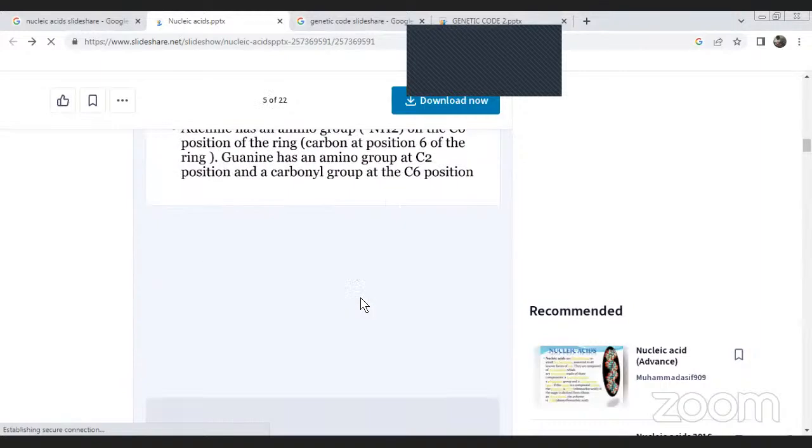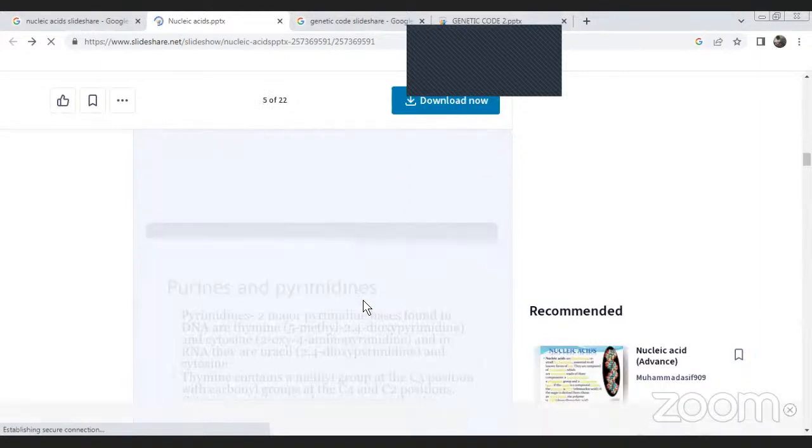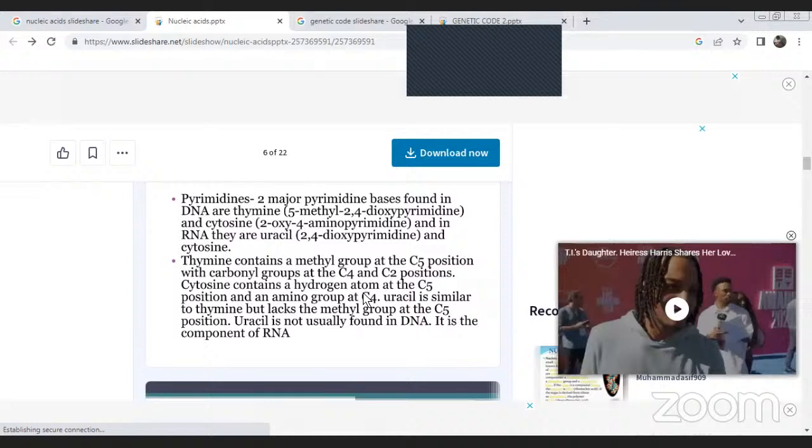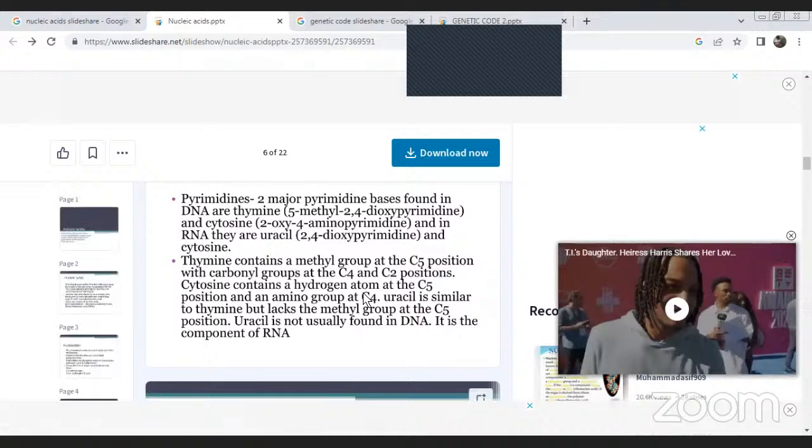Thymine and cytosine are both pyrimidines. In RNA, instead of thymine there is uracil. Thymine contains a methyl group at the C5 position and carbonyl groups at the C4 and C2 positions. Cytosine has a hydrogen atom at the 5 position.